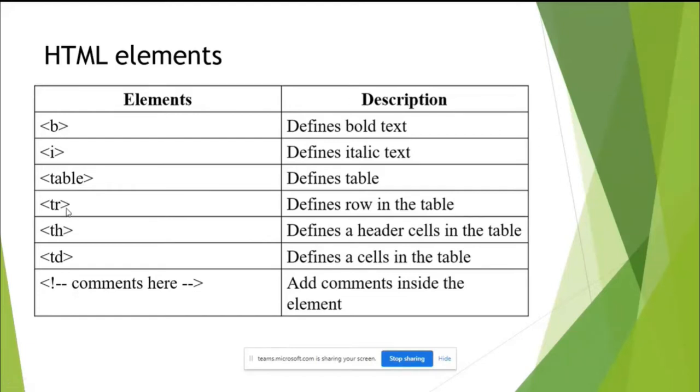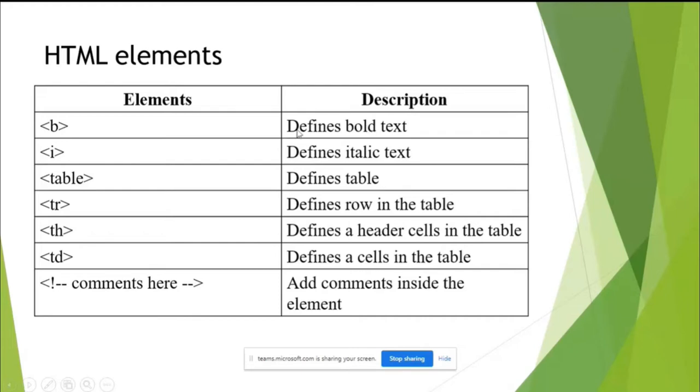Inside the table, we use the table row tag. Inside the table row, we give the table head. These are the elements; it is a table head. Description, also a table head, in the first row. Then table data. The b tag defines bold text.